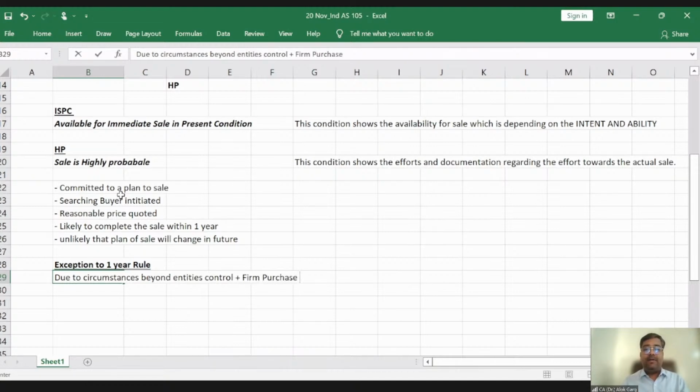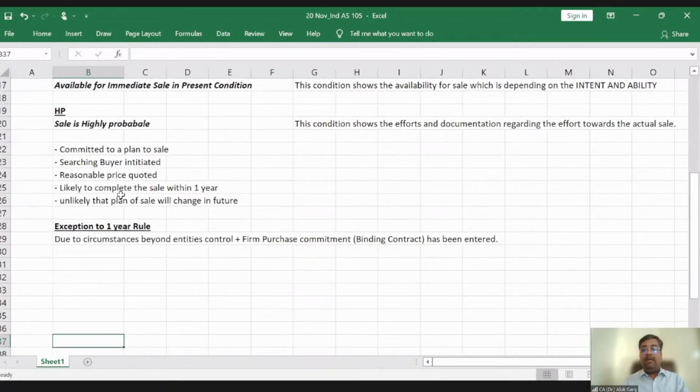What is meant by firm purchase commitment? Firm purchase commitment is a binding contract. Binding contract has been entered, right? Clear? I hope so far every one of you is clear, right?